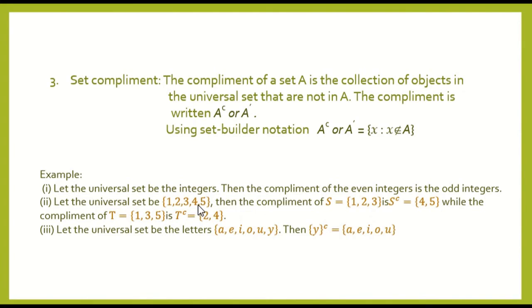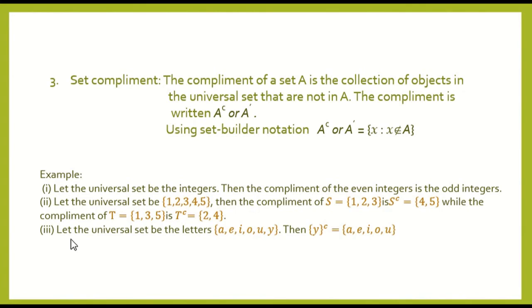Di ba 4 og 5? So, ang S complement is 4 and 5. Then, ang T pod, kung ang T nato kay 1, 3, 5, ang complement niya, meaning ang nasa universal set nga wala ani nga elements kay 2 ug 4. So, T complement is equal to 2, 4.